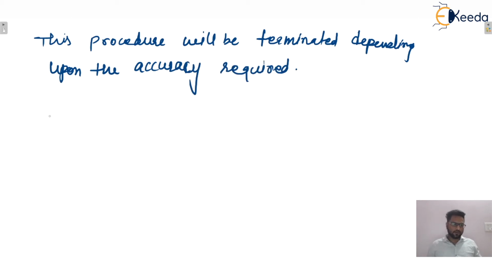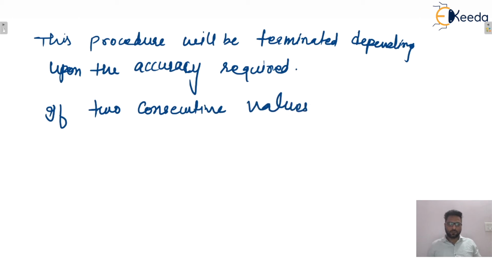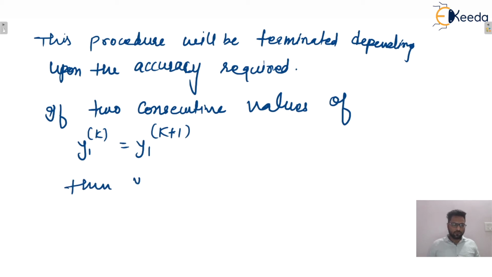If two consecutive values, let's say y1 superscript k equals y1 superscript k plus 1, then we stop, and y1 superscript k will be your required answer.